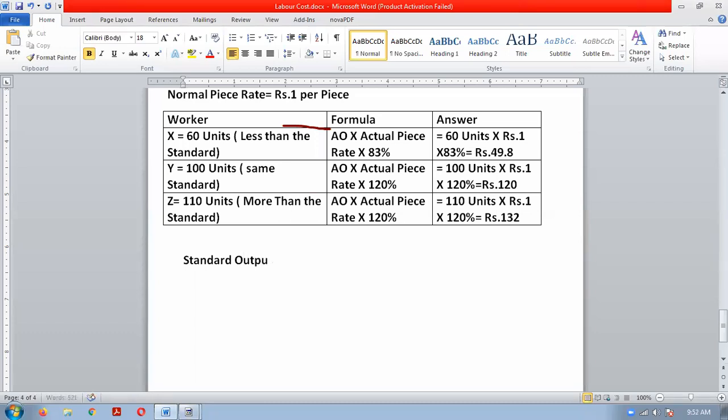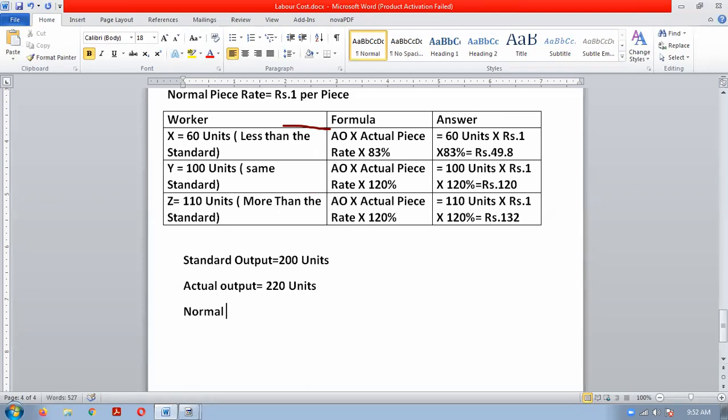Standard output is 200 units. Actual output is equal to 220 units.